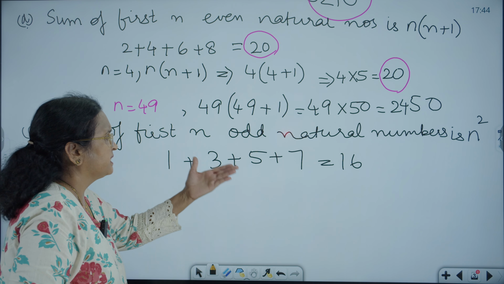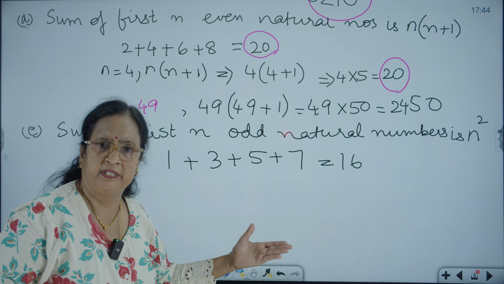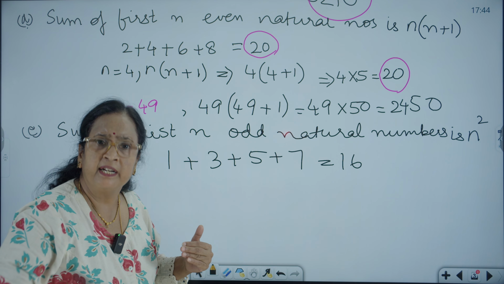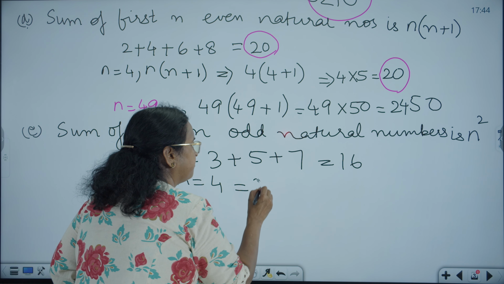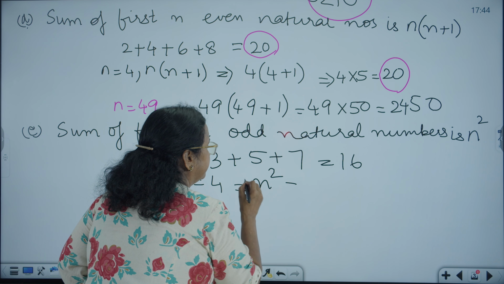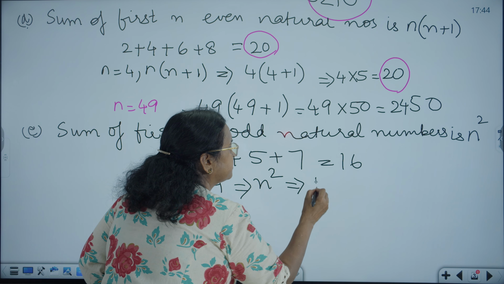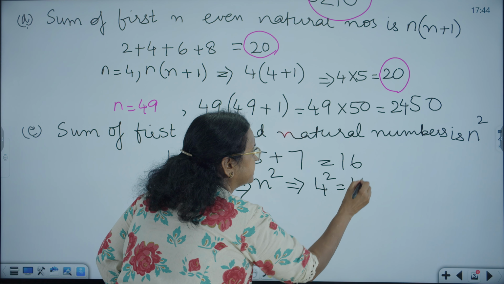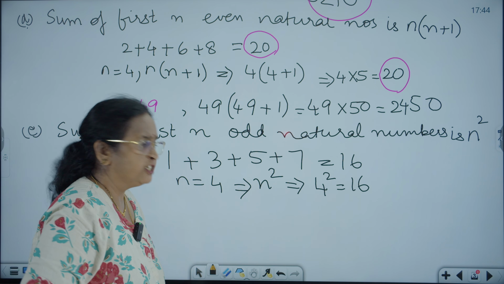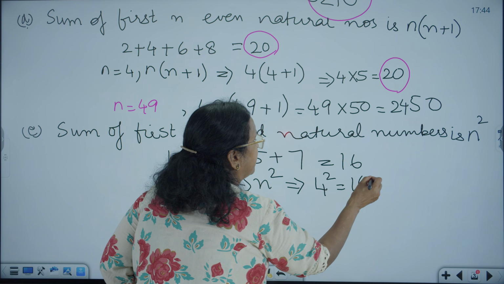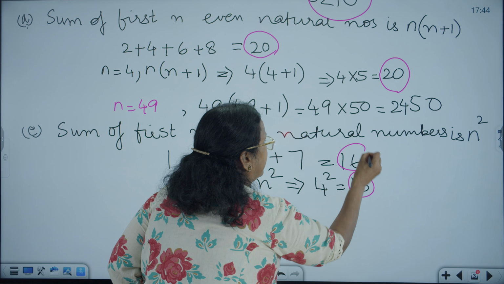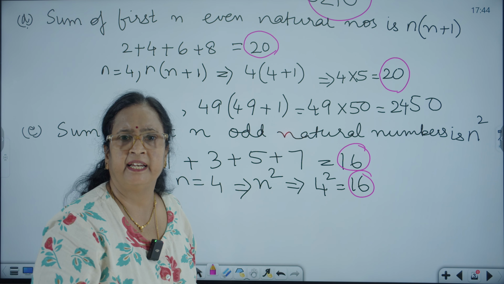Now, in this case where I have taken smaller numbers, n is 4. And what is the formula? n square. That implies 4 square, that is 16. So, I got both the answers with the formula and without the formula as 16.